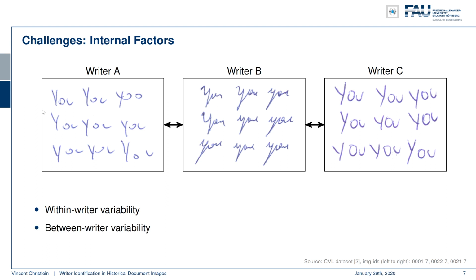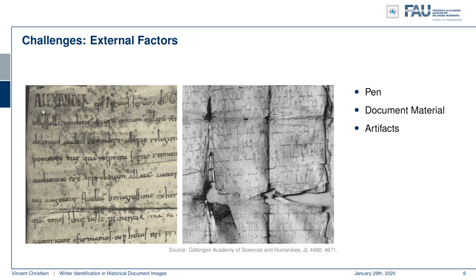The same goes for the between-writer variability, which we want to exploit in writer identification. Sure, if you have trained monks, both of these variations will be quite small, but there will be some variability.